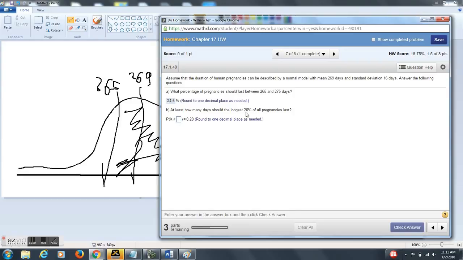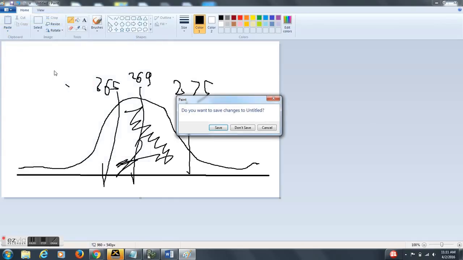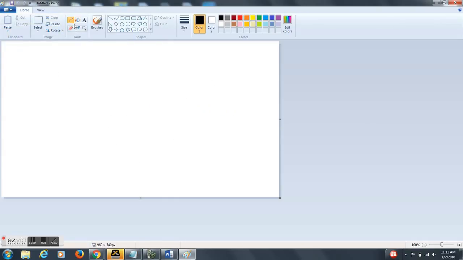All right. Now, how many days should the longest 20% last? So what I'm looking for here is the data value. They gave me this percentage. Let me start over here with a new one and make a little normal curve.